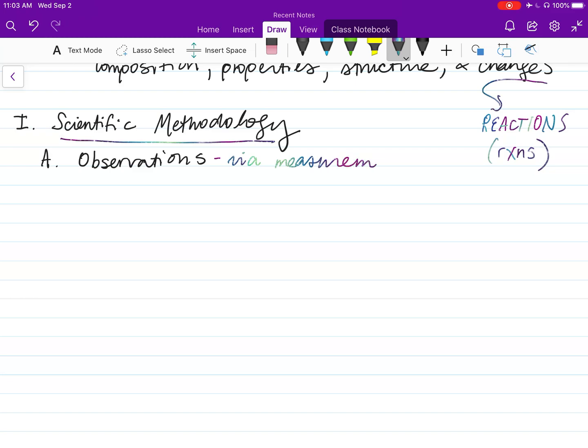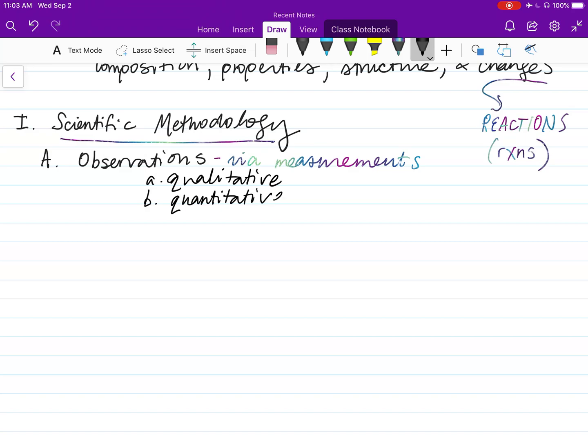We kind of talked about that a little bit when we were doing our little math review, but measurements can be both qualitative, for example, looking at something change color, for instance, or looking at a reaction give off a gas. But many observations are also quantitative in nature.